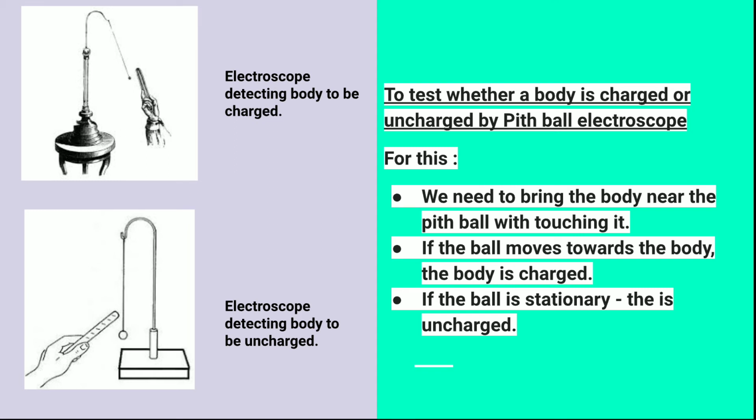Then if the ball moves towards the body, then the body is charged. If the ball is stationary, then this rod is uncharged. If it is charged, then it will attract the pith ball, and if it is uncharged, then the ball will be stationary. This denotes whether the body is charged or not.